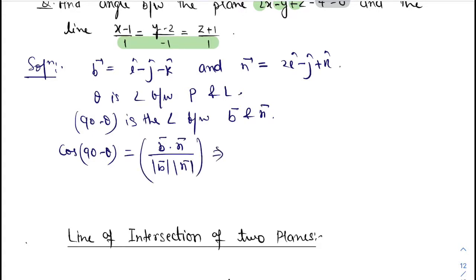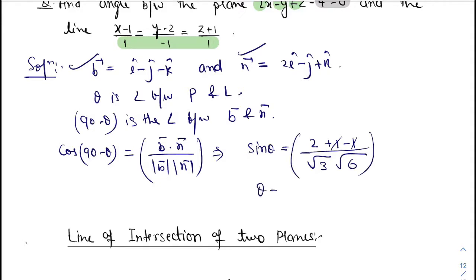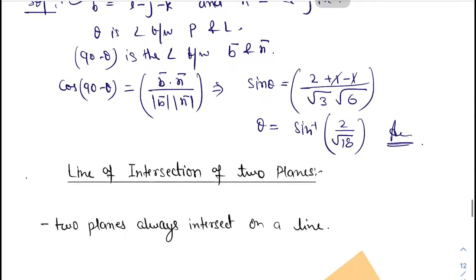So this will be sin theta is equal to the dot product of b and n vector, which is 2 plus 1 minus 1, divided by their magnitude. Magnitude of b is root 3 and magnitude of n is root 6. So theta comes out to be sin inverse 2 upon root 18. Okay, so this is the answer. I hope you are getting it.